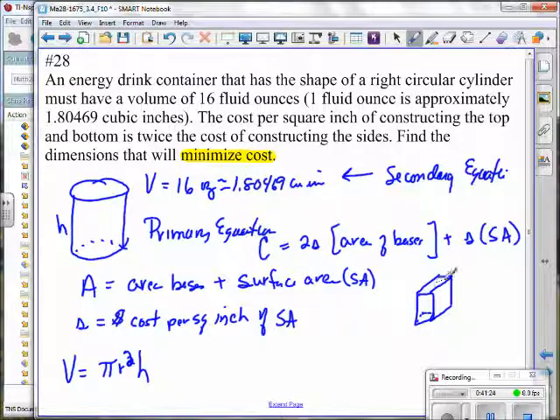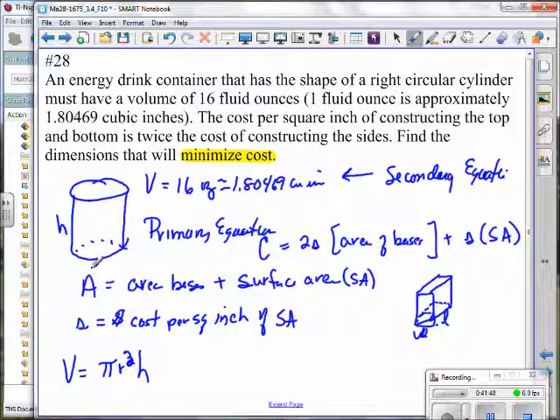Okay, so if I'm looking at length times width, and I have this as length, and this is width, the length times width is the area of the base of this. So pi r squared is the area of the base of this.